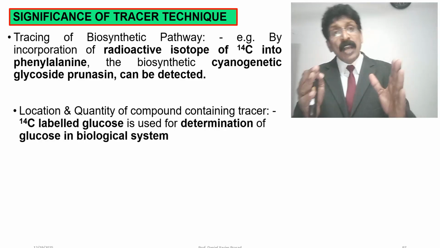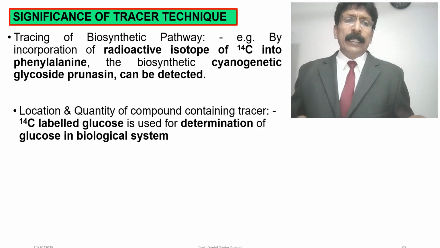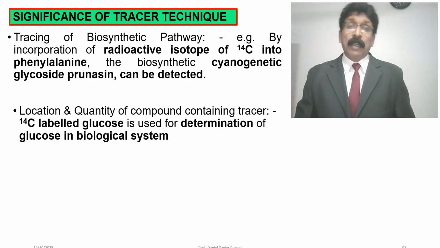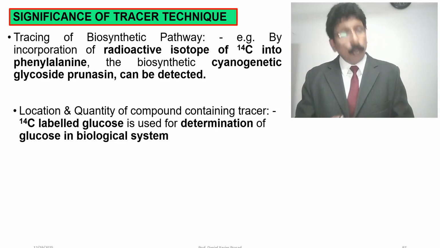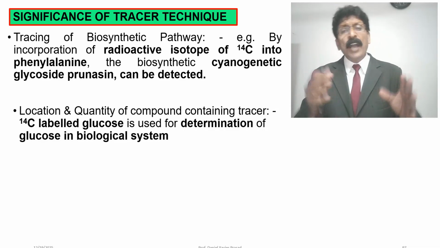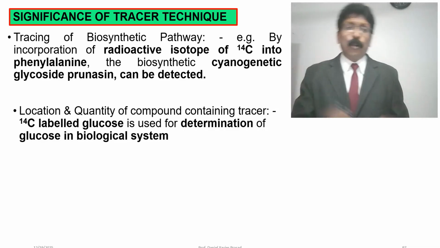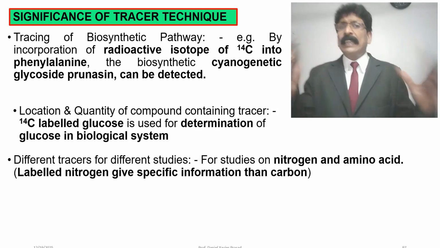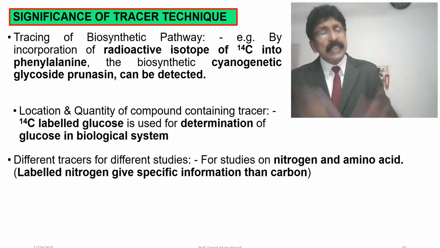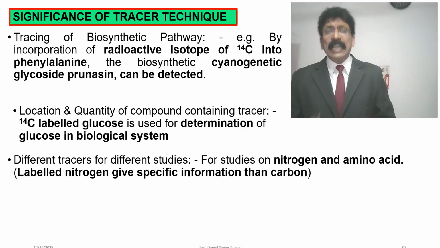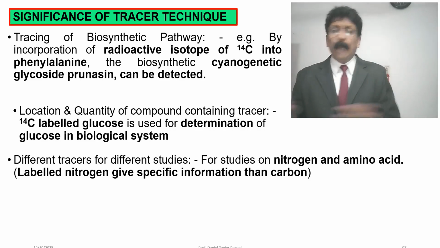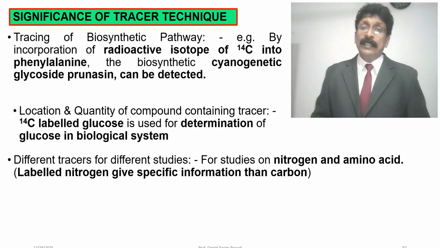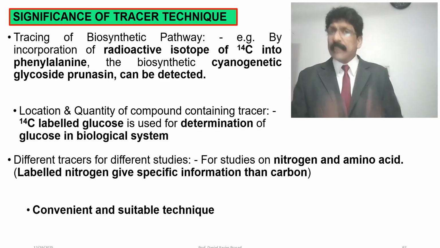Location and quantity of a compound containing carbon-14 labeled glucose is used for determining glucose in a biological system. Different tracers are used for different studies. For studies of nitrogen and amino acids, labeled nitrogen gives more specific information than carbon. It's a convenient and suitable technique.